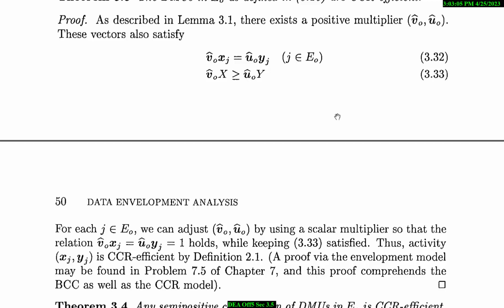Another definition was based on the multiplier form. Here, of course, since these are in multiplier form, the proof based on the multiplier form is easier.